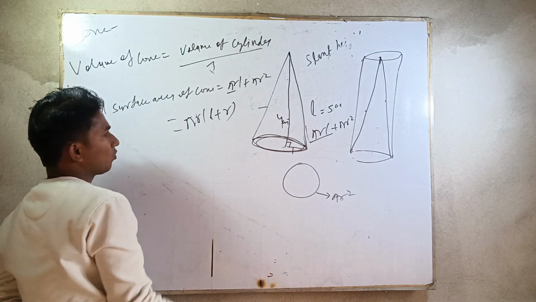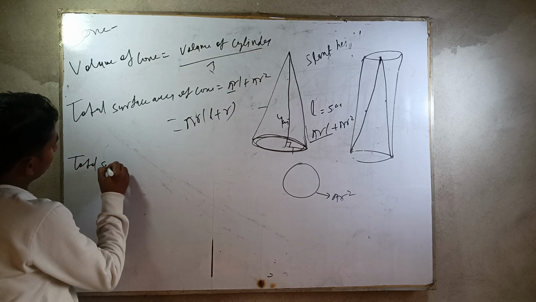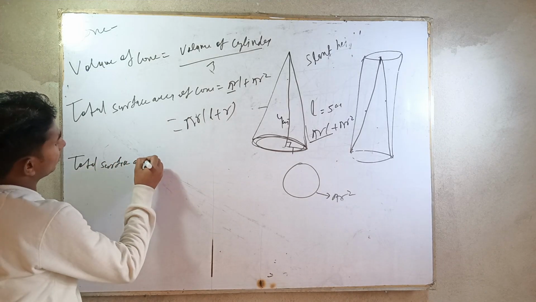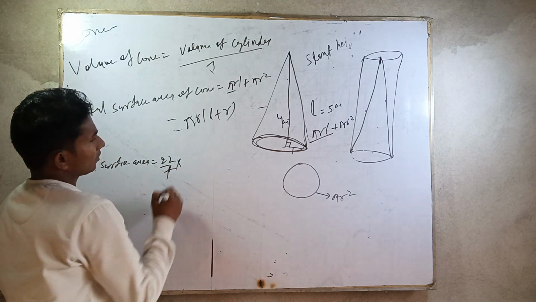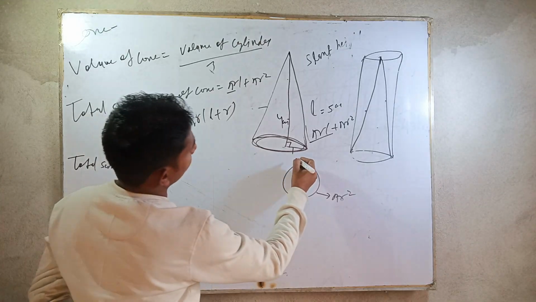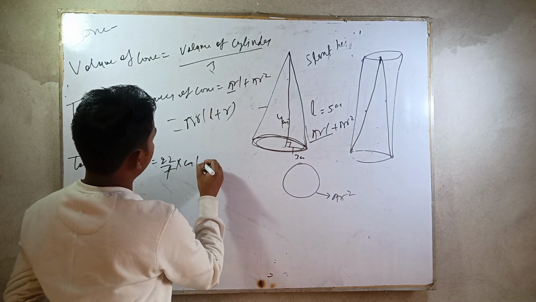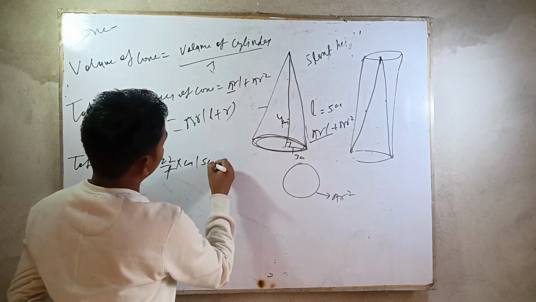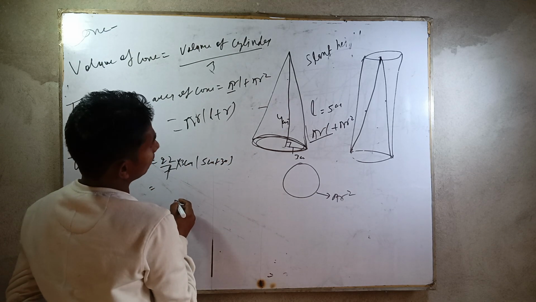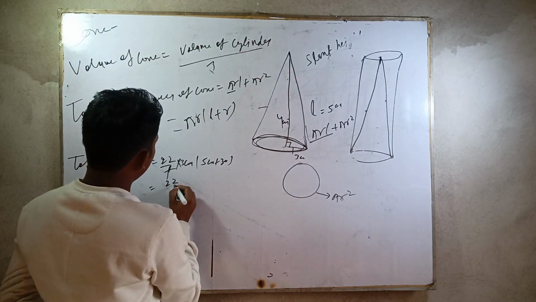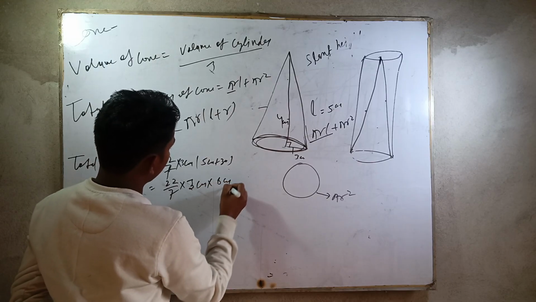So the total surface area equals 22 by 7 cross r, which is 3 centimeters, times l, which is 5 centimeters, plus 3 centimeters. That is 22 by 7 cross 3 centimeters cross 8 centimeters.